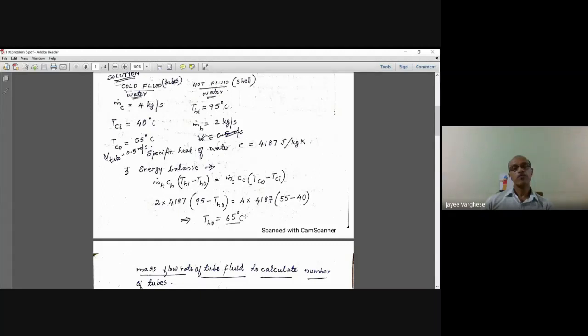When we substitute, mass flow rate into specific heat into 95 minus Tho is equal to mass flow rate of cold into specific heat into 55 minus 40. So the hot fluid outlet temperature is obtained as 65 degrees Celsius. So now we have all the four temperatures known. The LMTD can be calculated only if all the four temperatures are known.